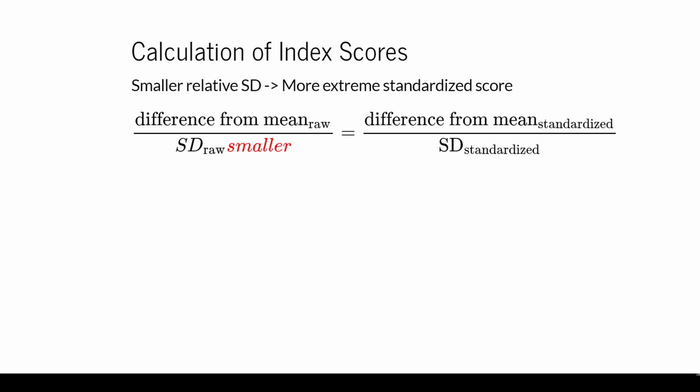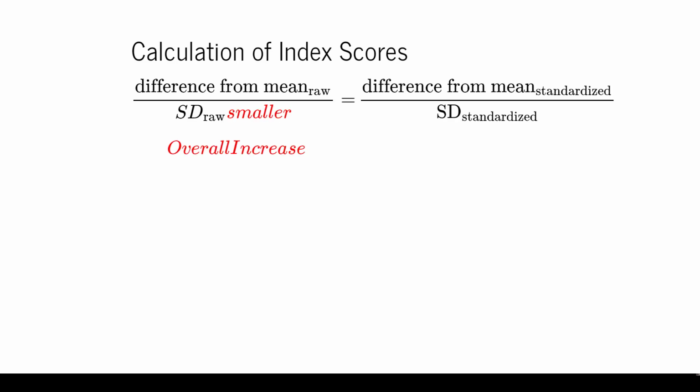How does that affect the equality? We know in fractions that as a denominator gets smaller, the overall value of that fraction increases. Because of that, the side on the right must also be increased to preserve the equality.